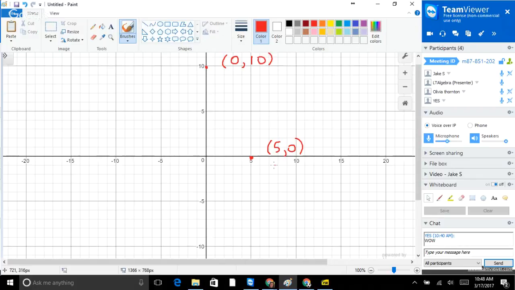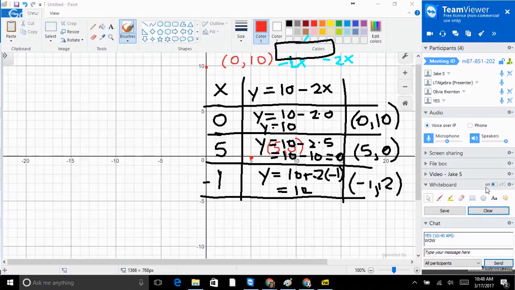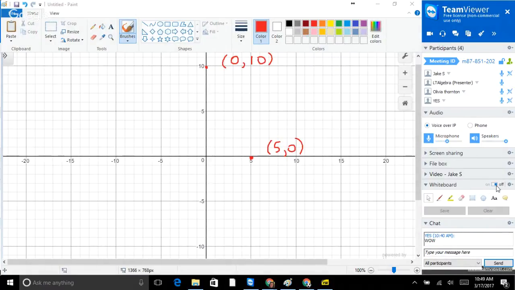And then the next point that we found was when x equals negative 1, y equals positive 12, which is a little bit up here off the graph. It's up here.